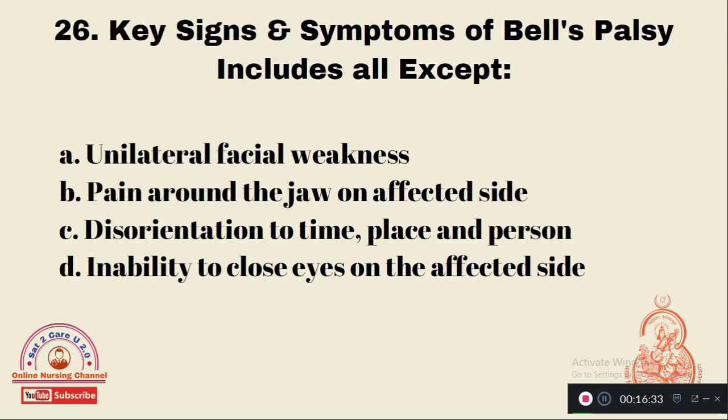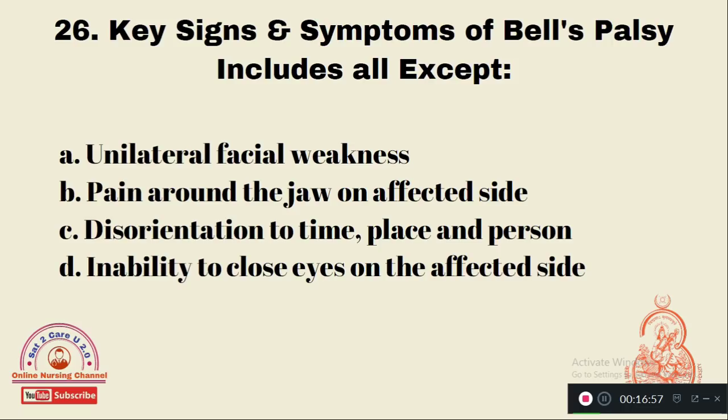Question number 26. Key signs and symptoms of Bell's palsy include all except option A, unilateral facial weakness, B, pain around the jaw on the affected side, option C, disorientation to time, place, and person, option D, inability to close eyes on the affected side.